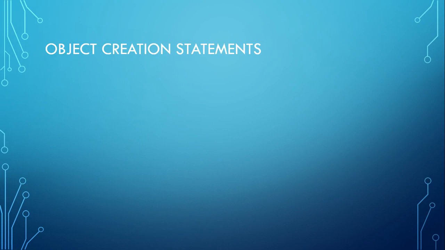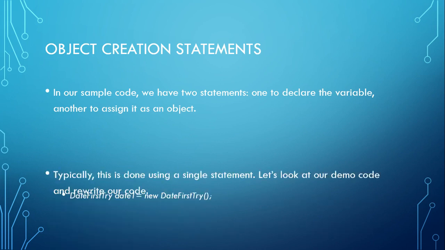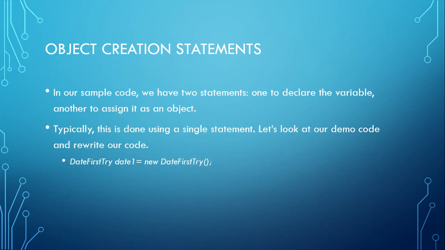Now, let's talk about object creation statements. In our sample code, we have two statements: one to declare the variable, and another to assign it as an object. Typically, this is done with a single statement, because you noticed before we did DateFirstTry date1, and then later on we said date1 = new DateFirstTry.